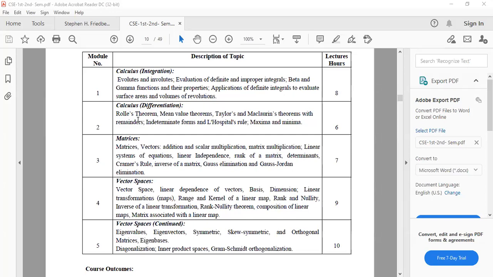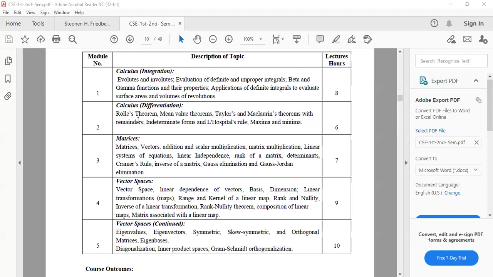Look at the last 3 modules, module 3, module 4, module 5. Again, in module 3, some of the topics are known to you and some are not. Module 4 and module 5 are tremendously important for the CSE section, because both are from vector spaces.